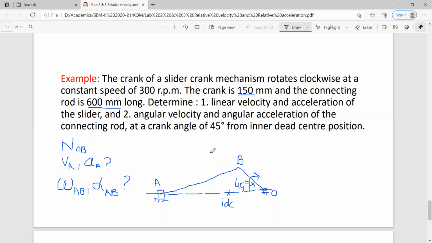So instead of a scale factor of 10, you take a scale factor of 5, that is, you take k as 5. If you take k equal to 5, then length OB will be 150 divided by 5, that is 30. And length AB will be 600 divided by 5.